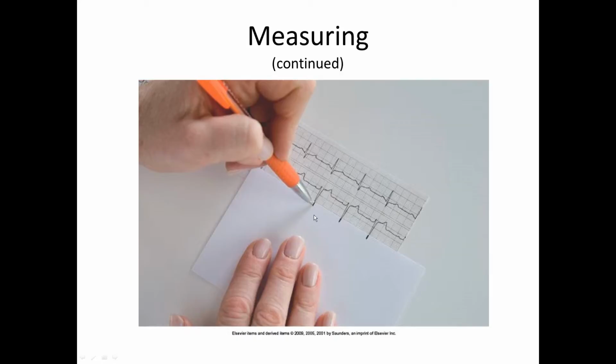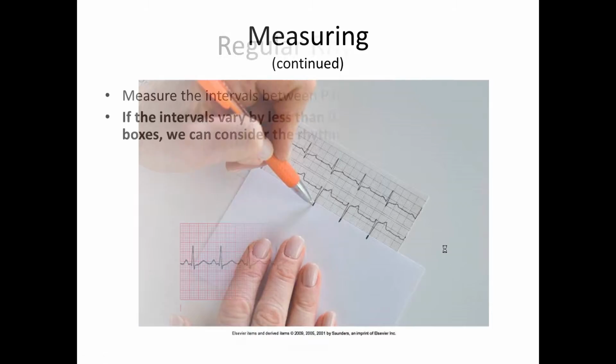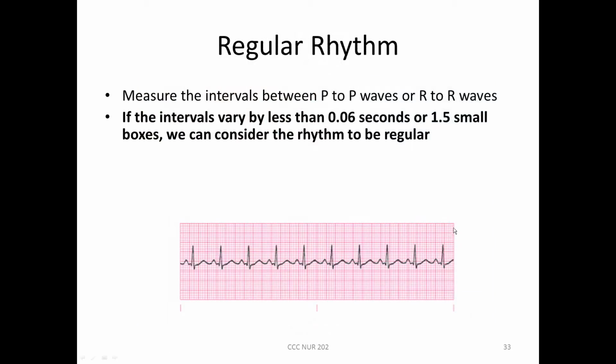But you can do the same thing by taking a piece of paper and making tick marks, and you can see there too if there's a regular or irregular pattern. A regular rhythm is measured between the P to the P wave or the R to the R wave. So you're going to go from the P to the P wave or the R to the R wave.